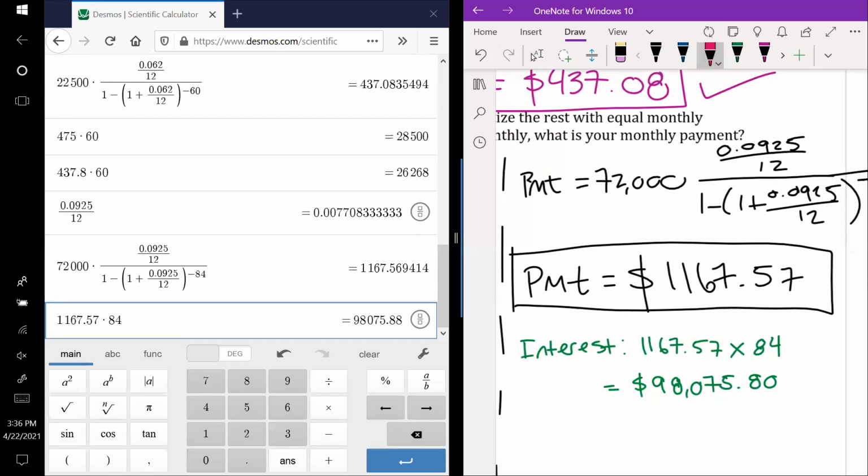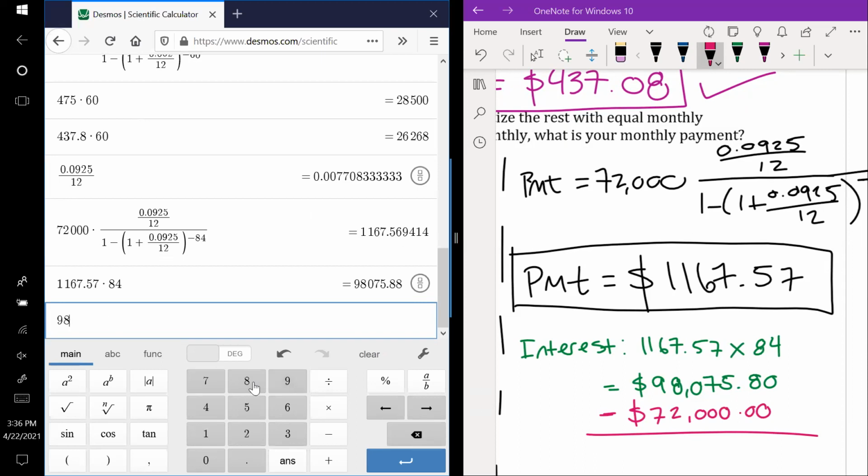And then we subtract the amount of the loan, which is 72,000. 98,075.88 minus 72,000.